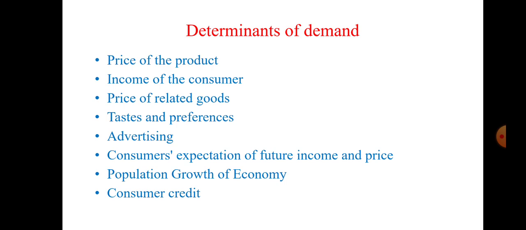Suppose demand increases, price also increases, or price increases, and sometimes demand may decrease. How it changes, we will study by applying economic principles and formulas, and we will discuss that in this unit.